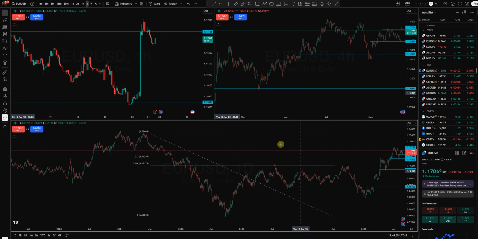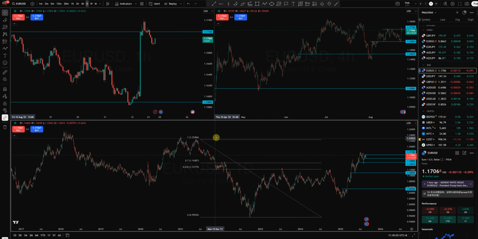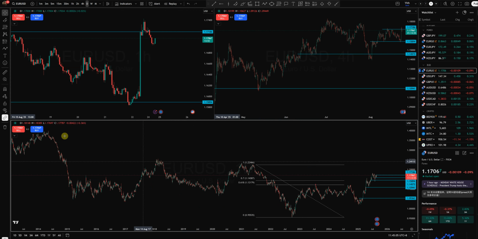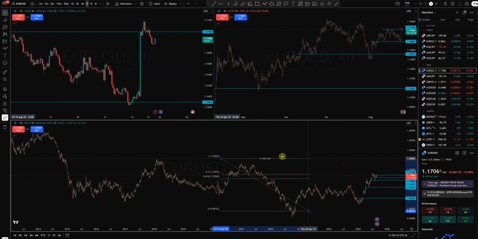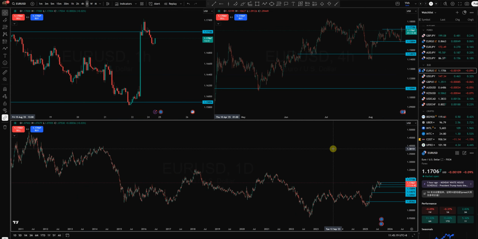All right, so on the daily, let's look at the daily chart here at the bottom. It's been quite a downtrend. It is a downtrend, right? It's lower low, very obvious. This one I moved away for now because I need to demonstrate my analysis from the beginning.